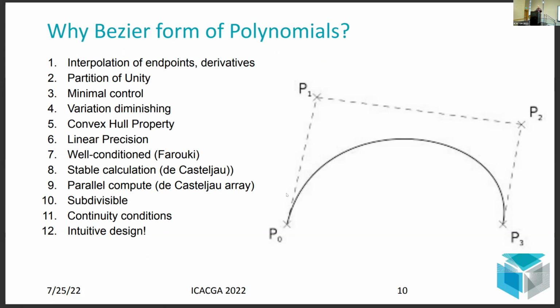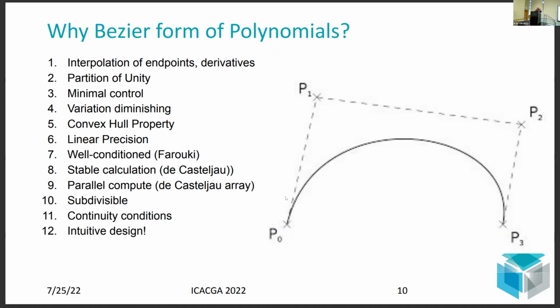It's not going to wiggle any more times than the control polygon. It has a convex hull property: the polynomial is always within the convex hull of the control points. This all follows, by the way, directly from the partition of unity. The linear precision: if my 4 control points are in a line, I return a line. These are all very important design characteristics.